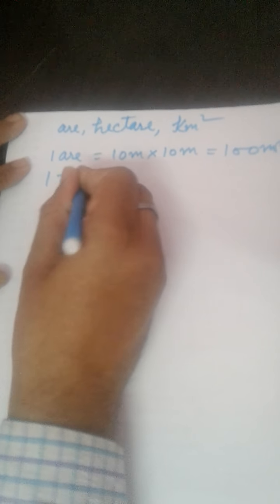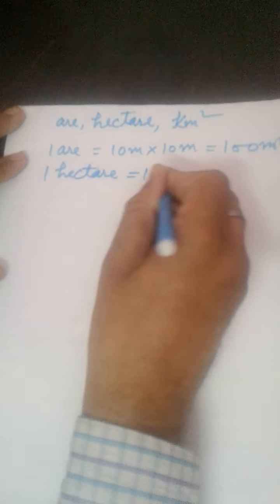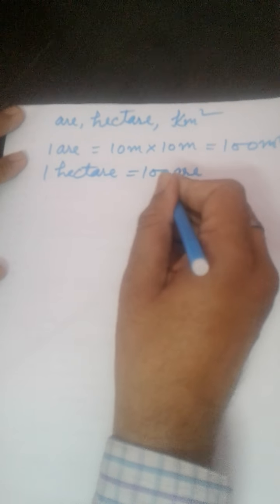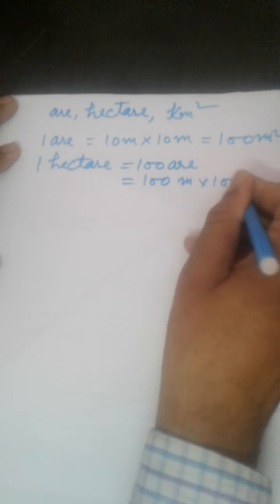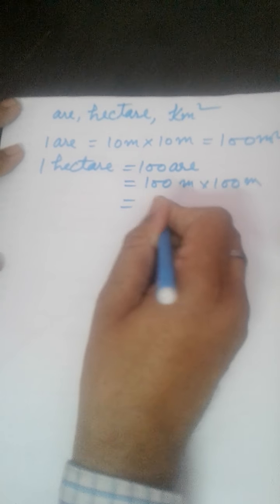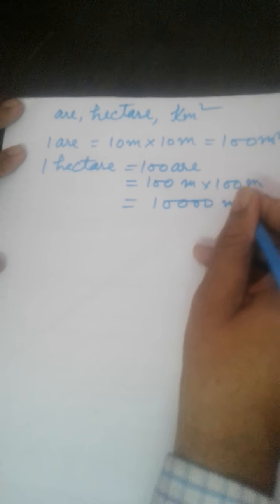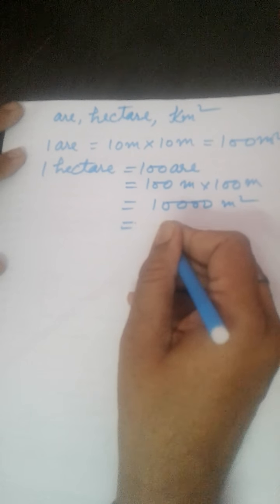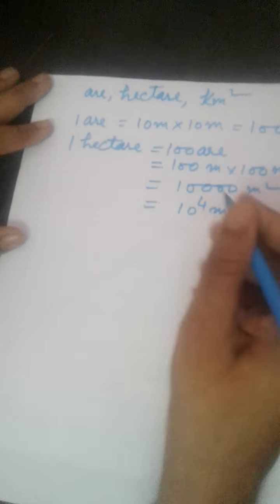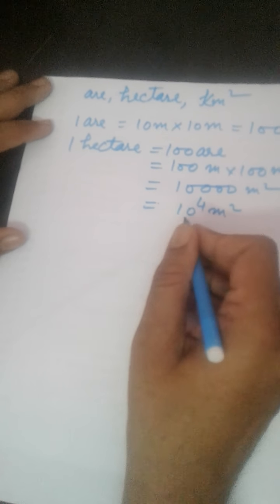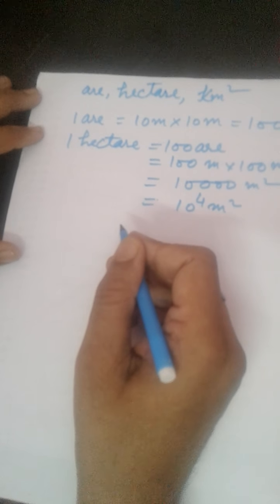1 hectare equals to 100 acre equals to 100 meter into 100 meter equals to 10,000 meter square. You can also write in the power of 10, 10 power 4 meter square. Actually, when we write in the power of 10, we count the zeros 1, 2, 3, 4 and we write 10 power 4.